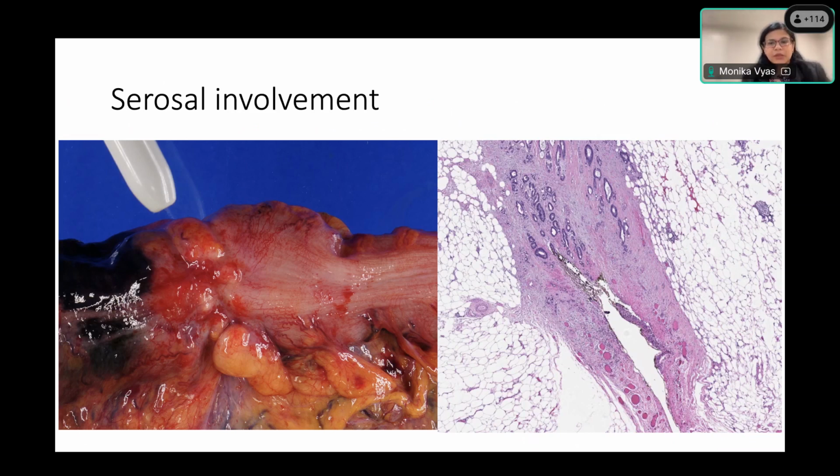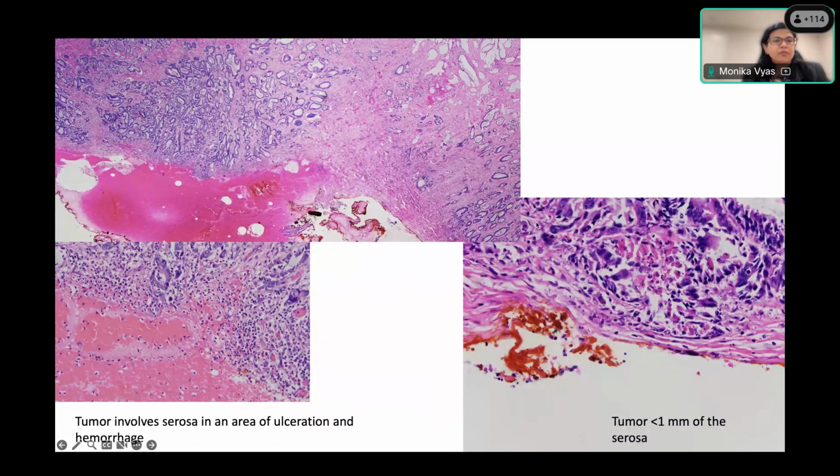So here are some other examples that we see. Sometimes, as I mentioned with the previous slide, the tumor will completely destroy the serosa, or between the serosa and the tumor, all you have is hemorrhage. So that would also be considered as pT4a.